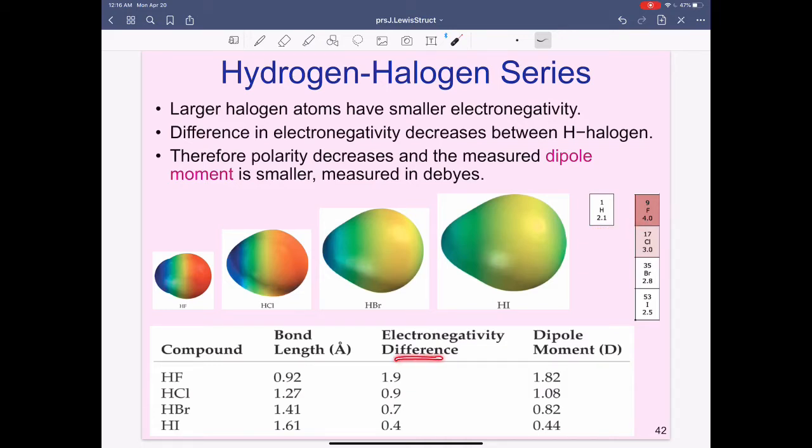This results in a much smaller difference of electronegativity for hydrogen and iodine compared to hydrogen and fluorine. Polarity is measured with a dipole moment. The units are measured in debyes, and a less polar molecule will have a lower dipole moment. A more polar molecule will have a higher dipole moment.